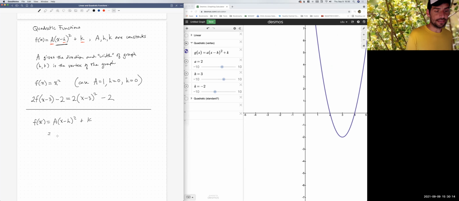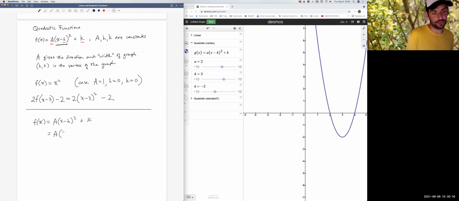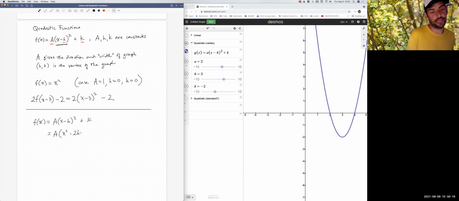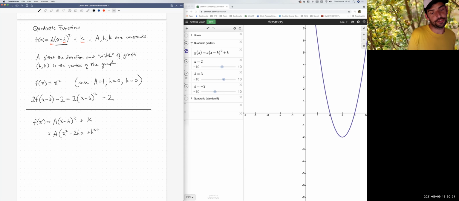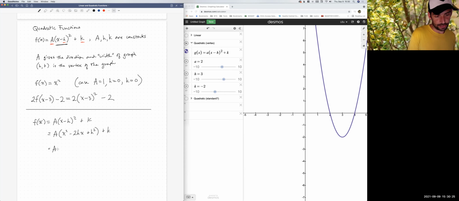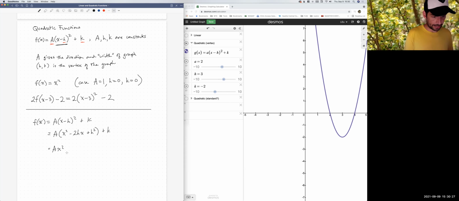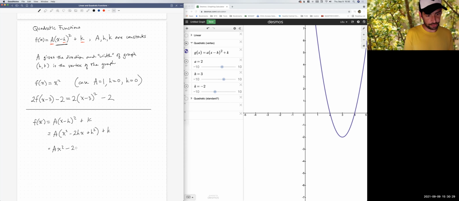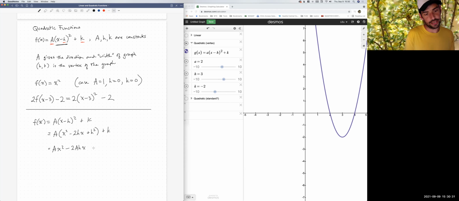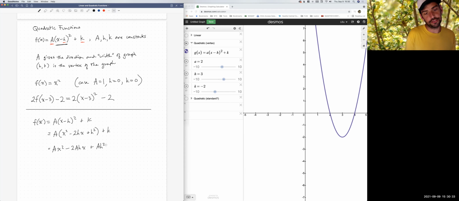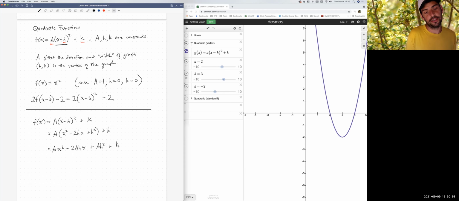I can expand this thing. If I square this, I get x squared minus 2hx plus h squared plus k. I then multiply through, distribute that a, I get ax squared minus 2ahx plus ah squared plus k.